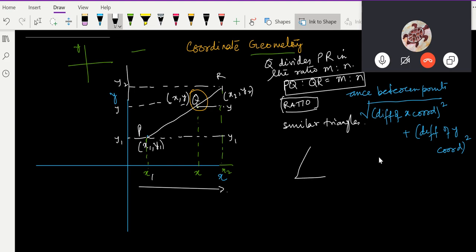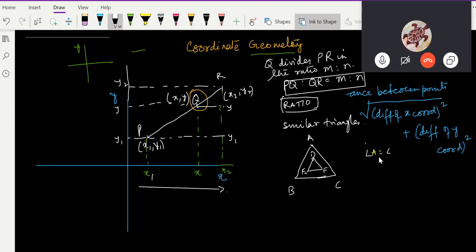So let's say I have a triangle like this. You understand triangles, right? A, B, and C. And I have a triangle like this, D, E, and F, such that all the corresponding angles are equal.